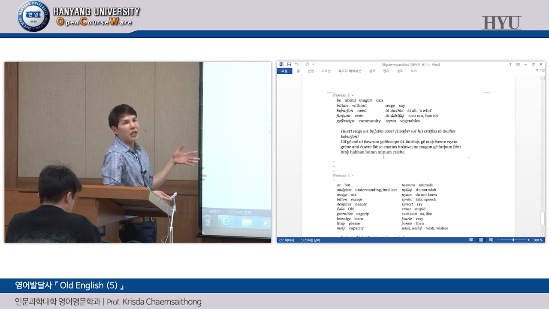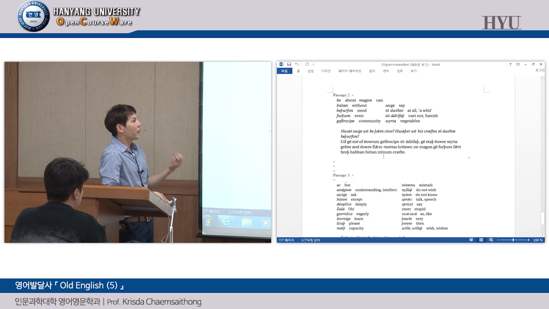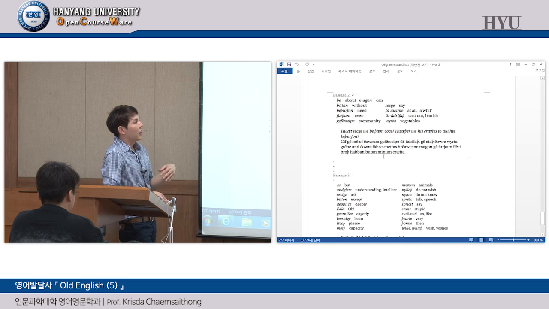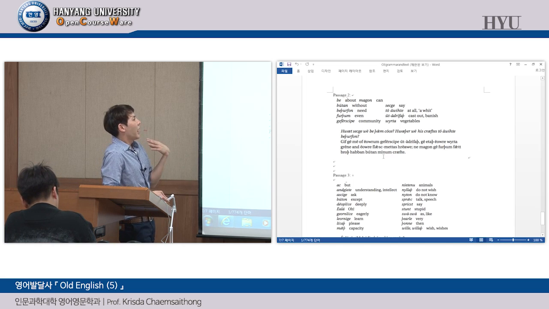Not fat in terms of shape, but rich, thick consistency. Broth. Do you know broth? Broth, B-R-O-T-H, is soup, cook soup. And "haban" is to have, we studied that. You may not have your thick soup, right?